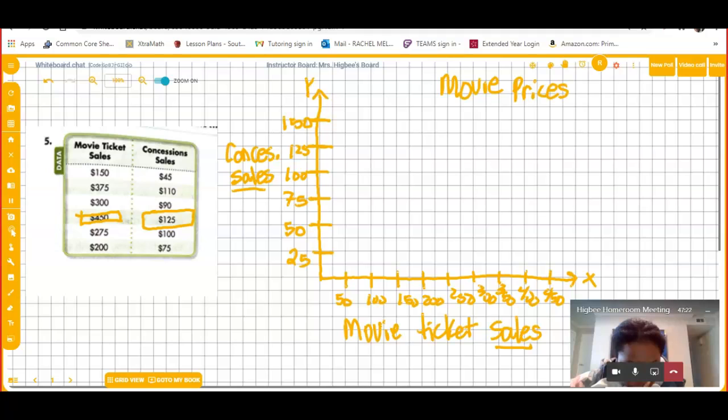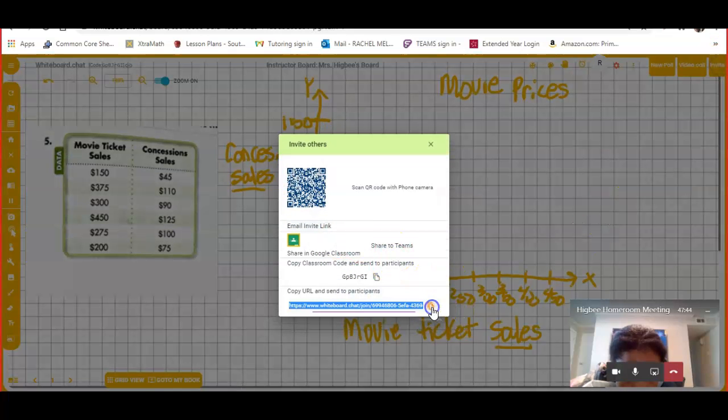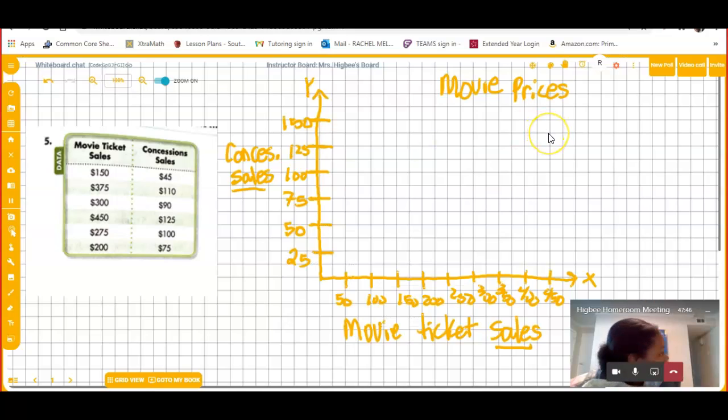Okay, does anybody have any questions on that part? Gabriel? No? Okay. All right, so now what we're going to do, I'm going to erase this part so you can still write over there if you need to when you get in there. I am going to invite you in just a second. So I'm going to put the link in the chat. And you are going to get in, make sure you label it with your name.